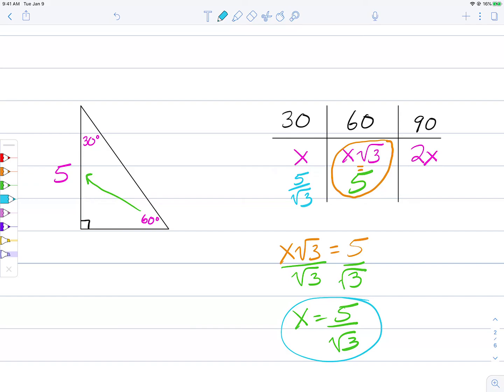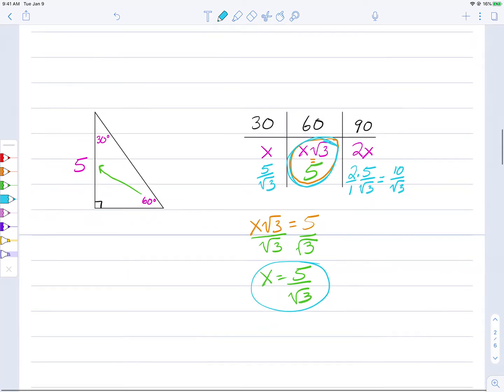And across from the 90 is 2 times 5 over the square root of 3. I'm going to make that 2 over 1. So 2 times 5 is 10 over the square root of 3. So if it's not an easy thing to notice, especially if there's a square root involved, you're going to solve this equation to find x. And that's why that chart is very helpful to have.